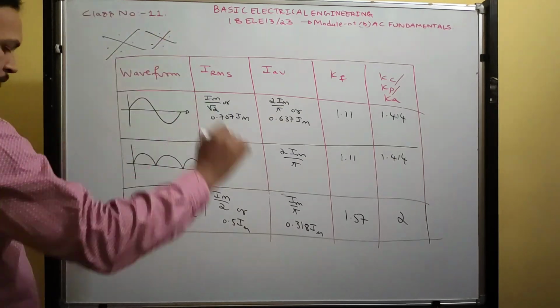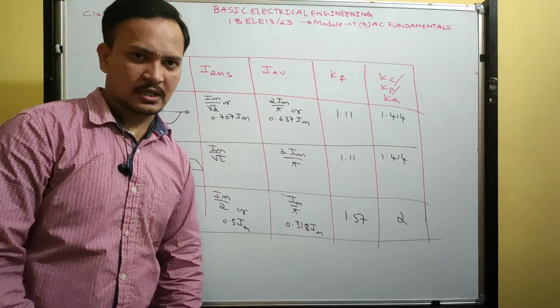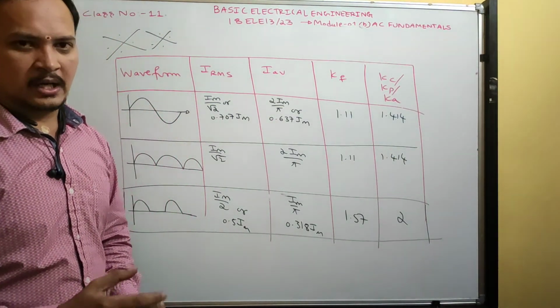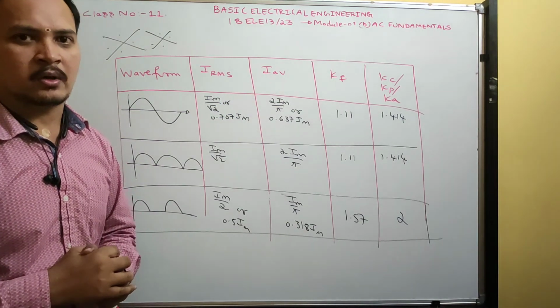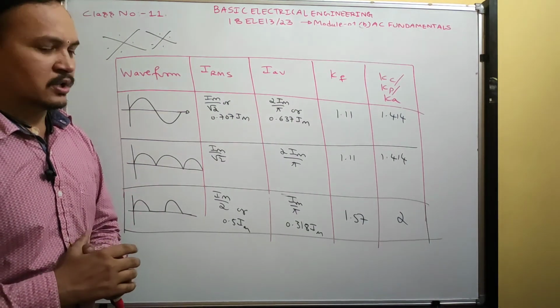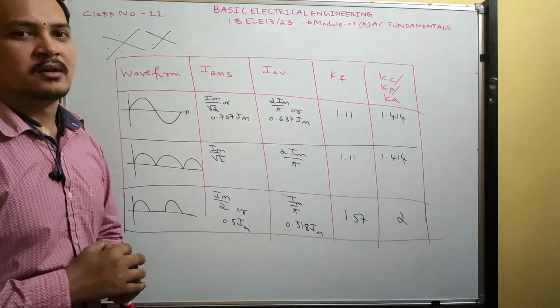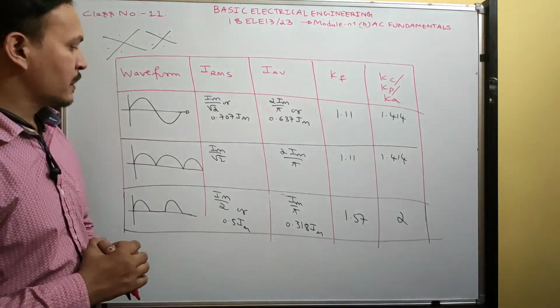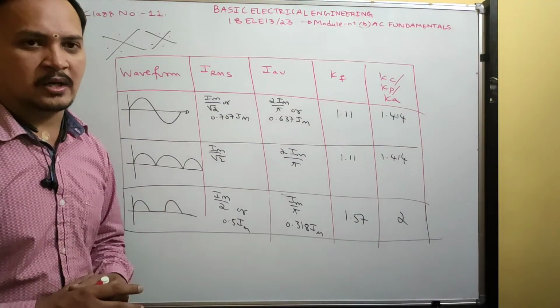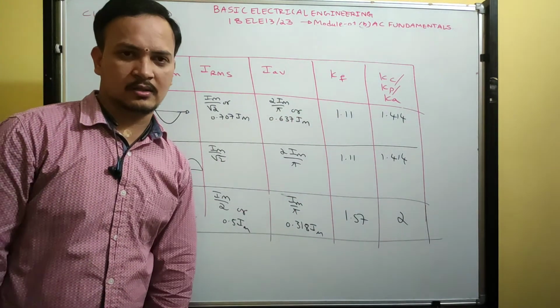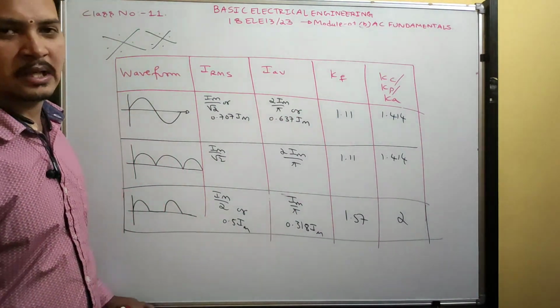So you guys remember this table. Once you complete the experiment in the external exam, you are going to meet the external examiner. He is ready to check whether you know this table or not. So practice this. They would ask, for a full rectified waveform, what is the numerical value of form factor? 1.11. Okay, got it?